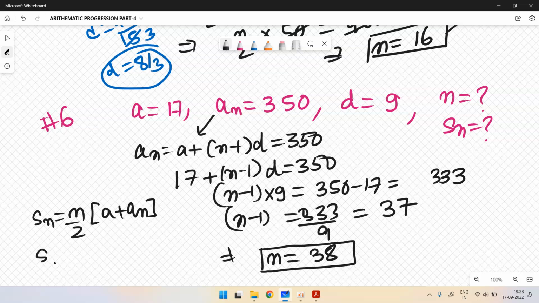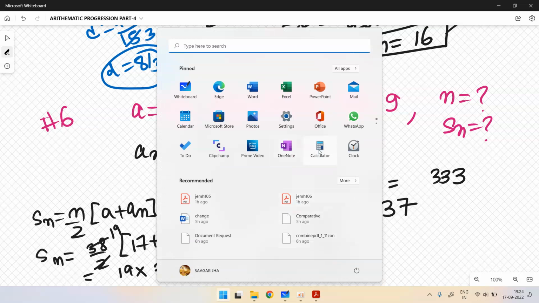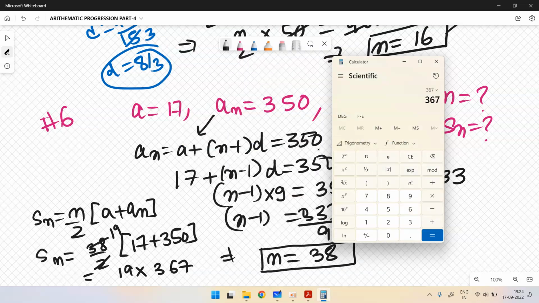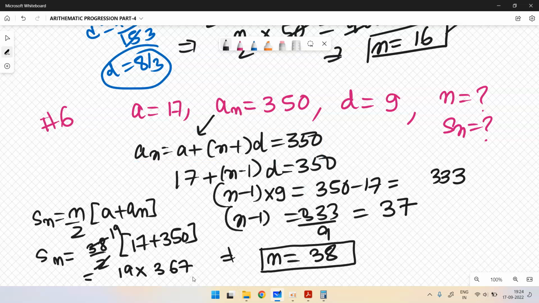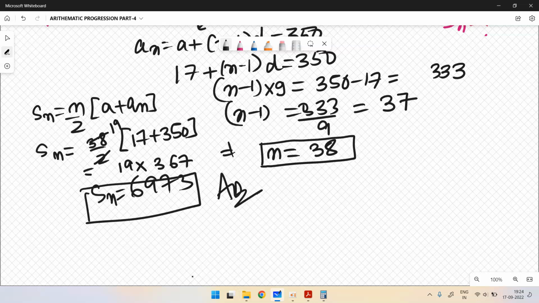So S of n is 38 by 2 into 17 plus 350, which is 19 into 367. 367 into 19 is 6973. This 6973 is the answer.